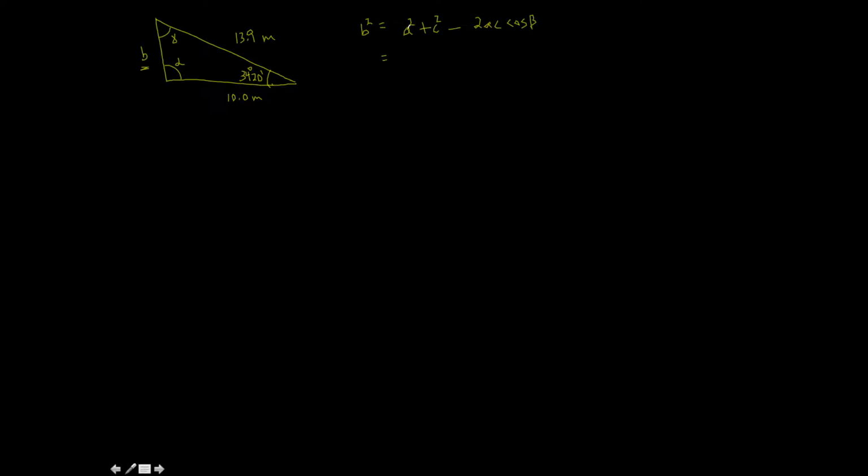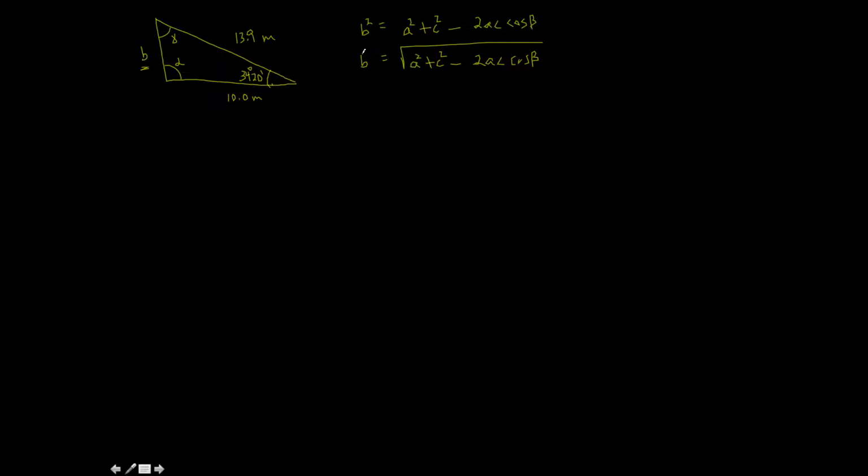So B is going to be the square root of A squared plus C squared minus 2AC cosine beta. That's what we're wanting, is side B. So take the square root of both sides.